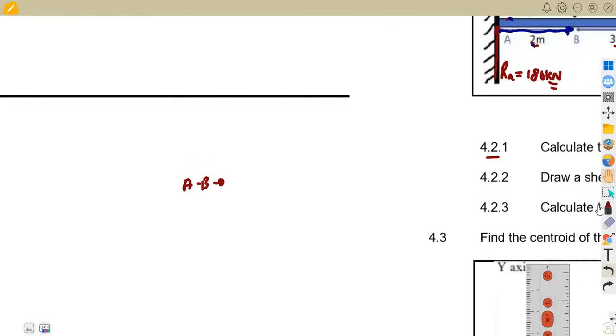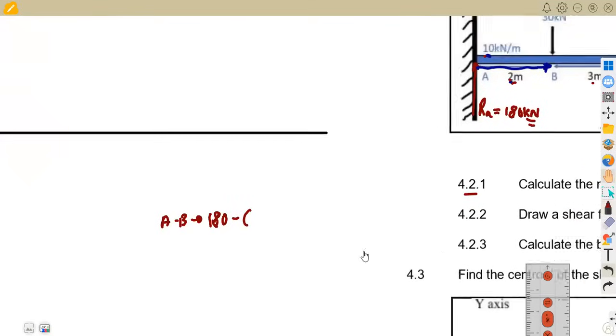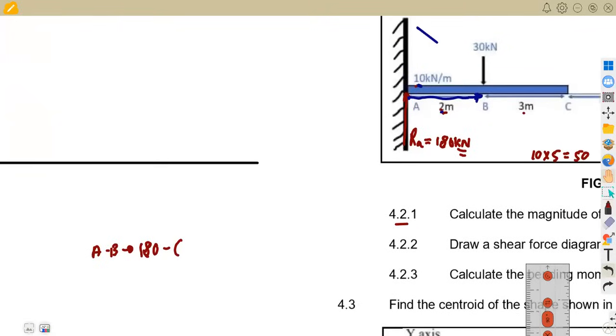Remember, we are at 180. So it's going to be 180 minus the product of 10 times 2, which is going to be 160 kilonewton.